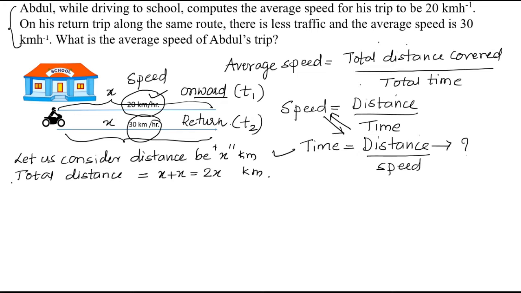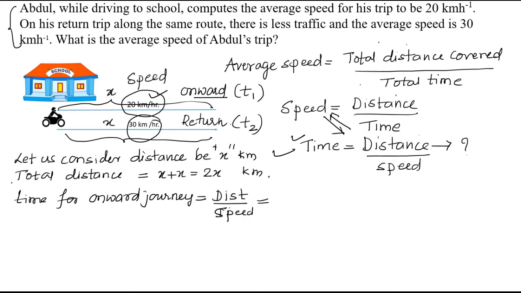So time for the onward journey: what is the equation for time? Time equals distance divided by speed, which is equal to x, the one way distance, divided by the speed during the onward journey, 20.